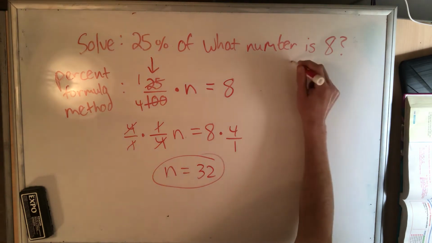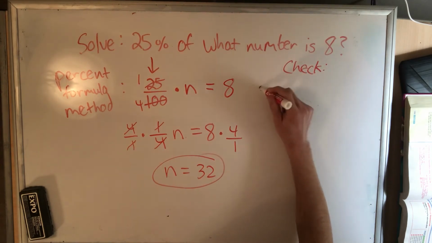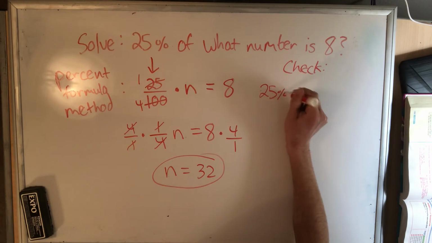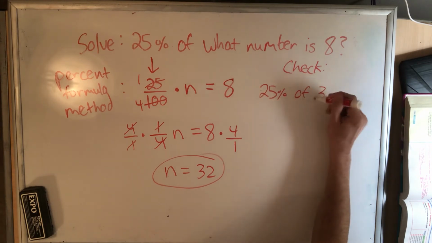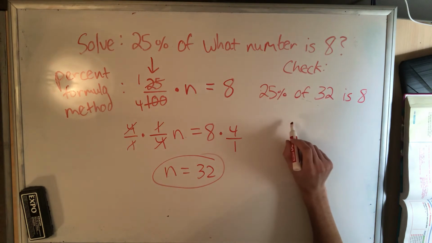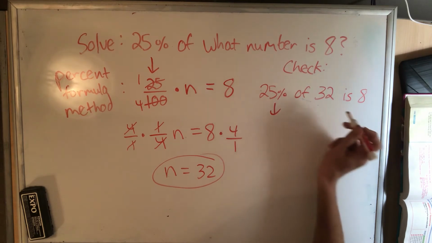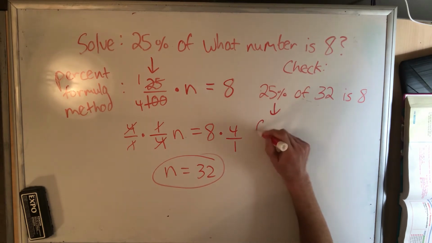Let's check now. Let's see if 25% of 32 really is 8. So we can make it 25 over 100, but this time let's practice using a decimal. 25% is equal to 0.25.